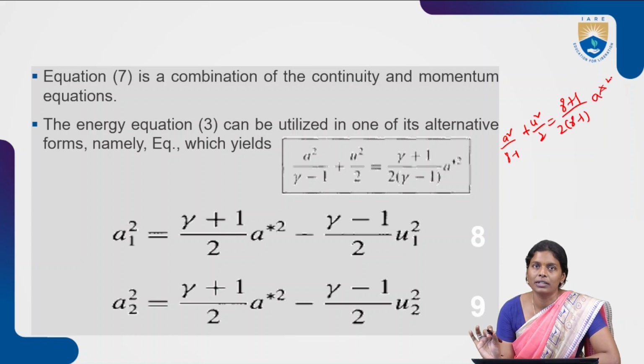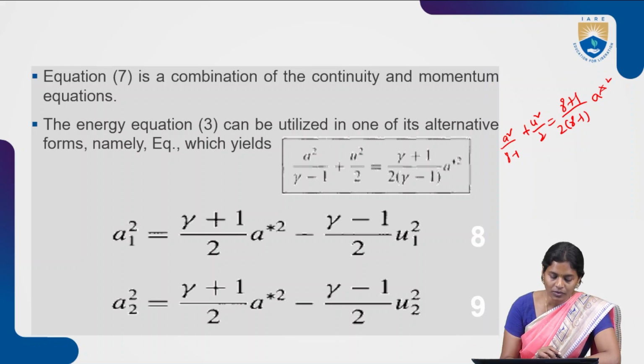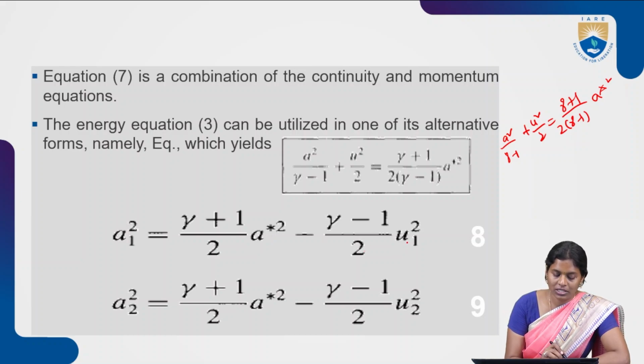So A1 square equals gamma plus 1 by 2 A star square minus gamma minus 1 by 2 into U1 square. So from this expression we are getting A1, then A2.